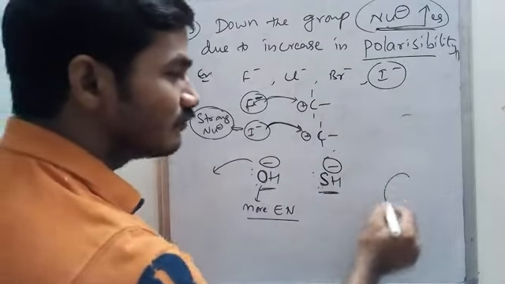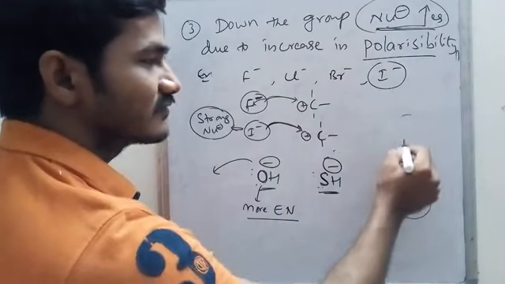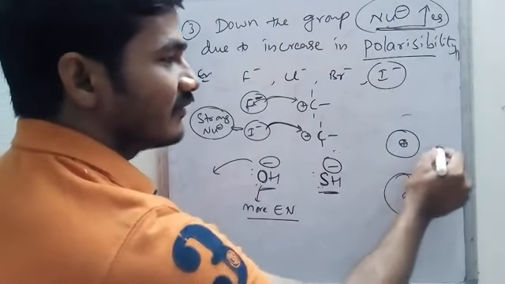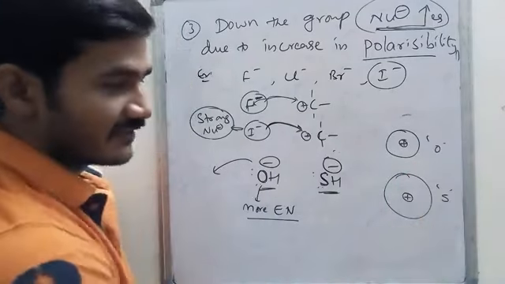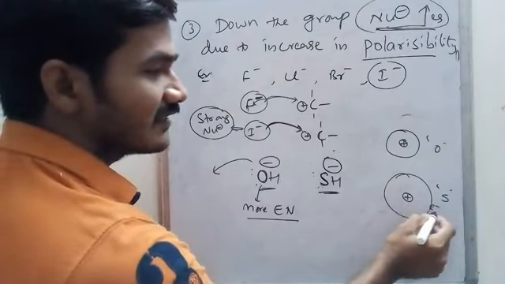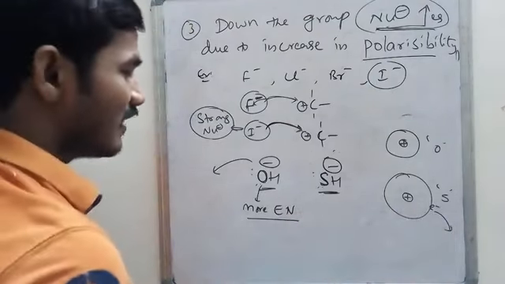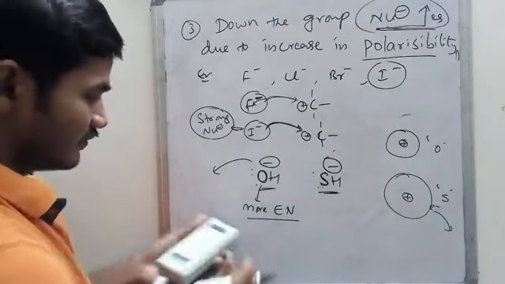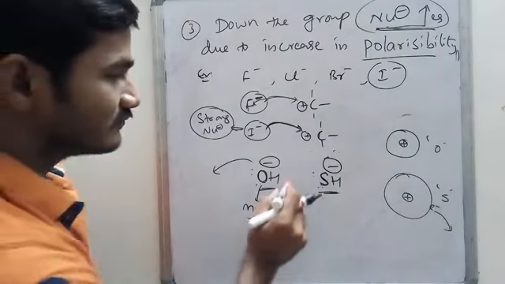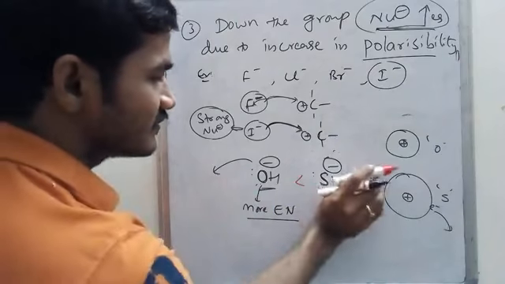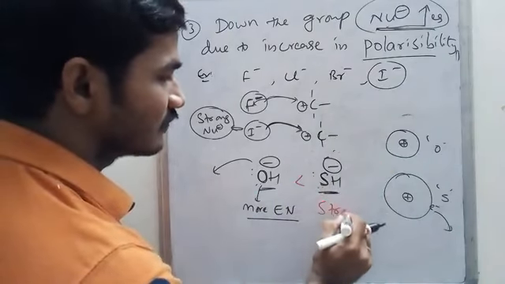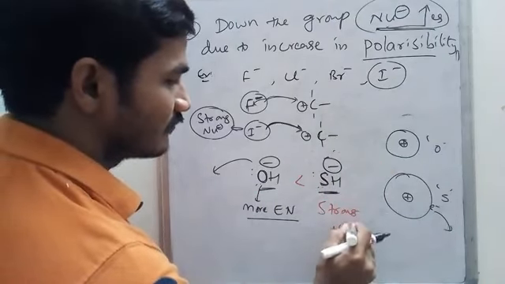Whereas sulfur has a larger atomic size compared to oxygen, whose size is small. When atomic size is more, the electron can easily be shared in bonding. That's why among these two, SH minus is the strong nucleophile.